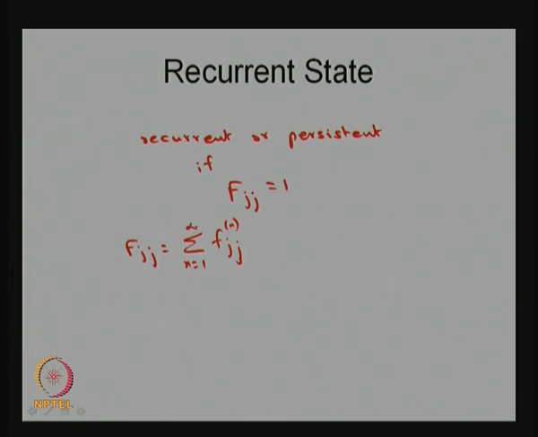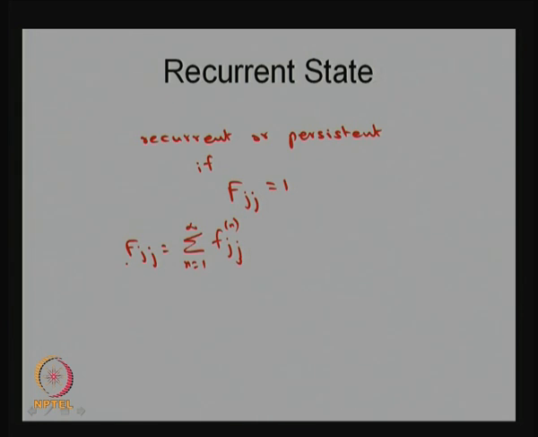You add all the combinations, all the probabilities, and that is going to be the capital F j j. So, if capital F j j, that means the probability of returning to the same state j, is certain, that means the probability is 1, then that state is going to be the recurrent state.